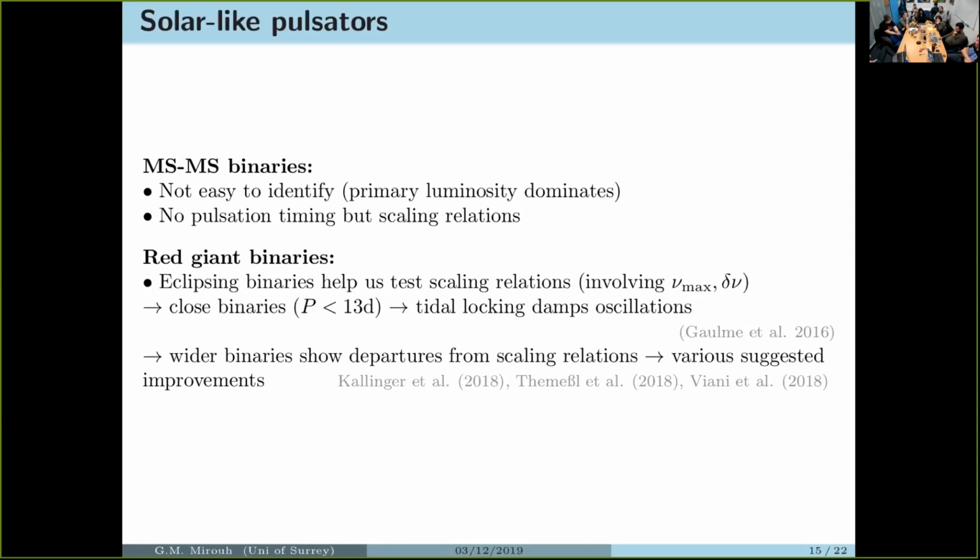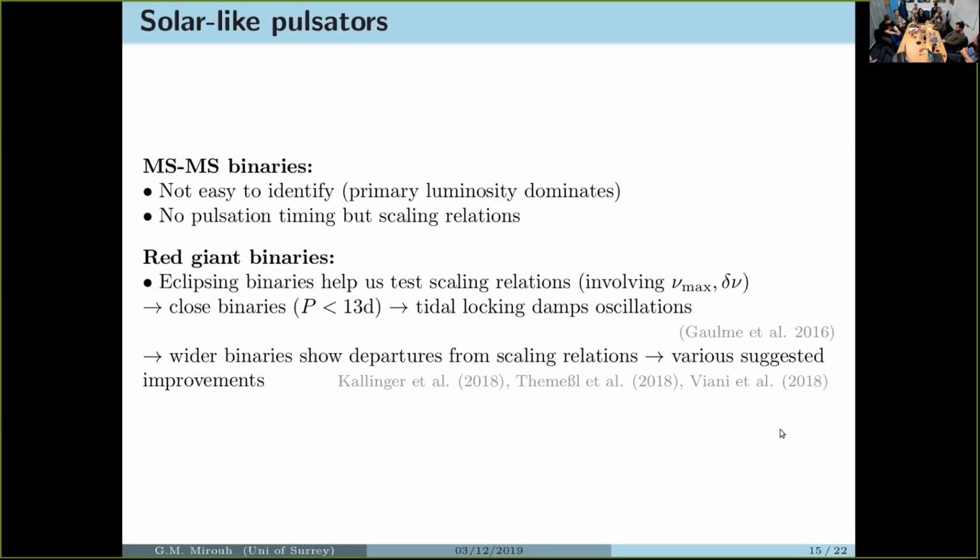So several improvements have been suggested: using different solar values in the scaling relations, adding a linear term to the scaling relations, including a mean molecular weight term in the relations. These are leads that have been highlighted by these papers here.